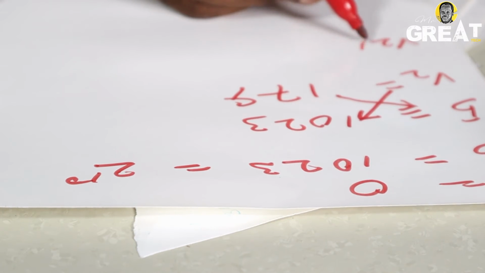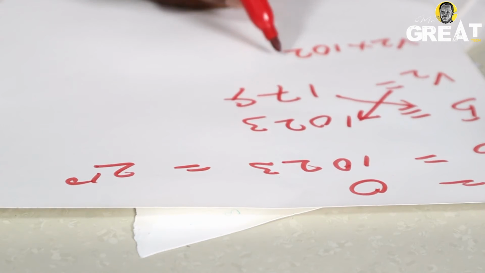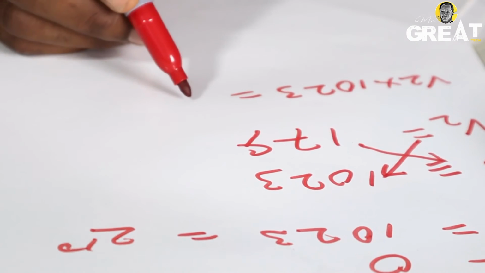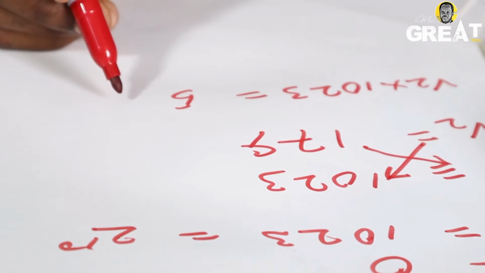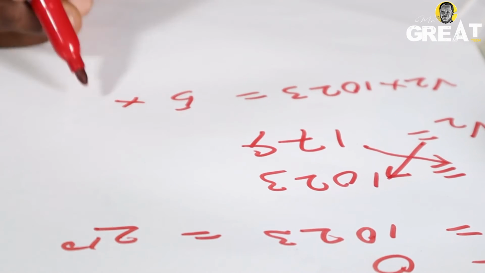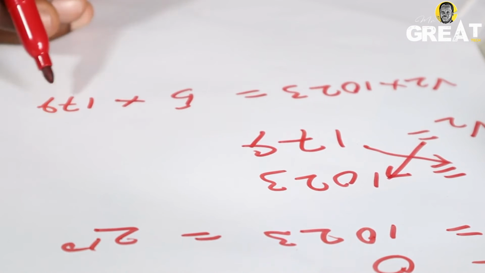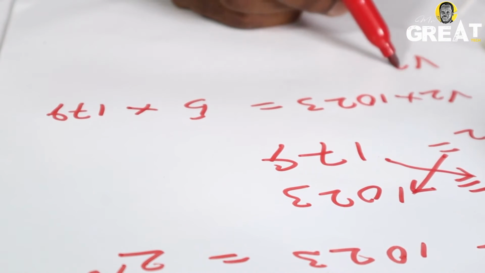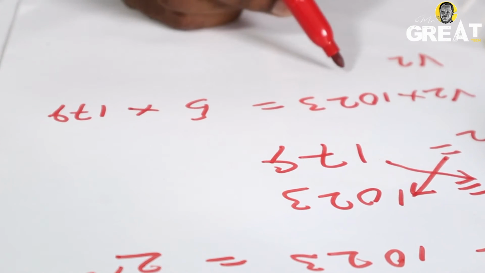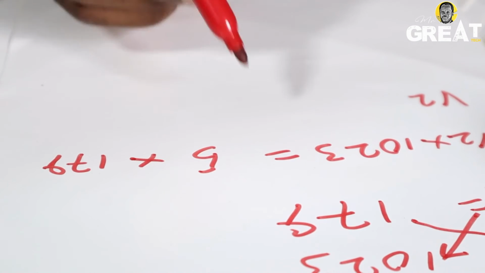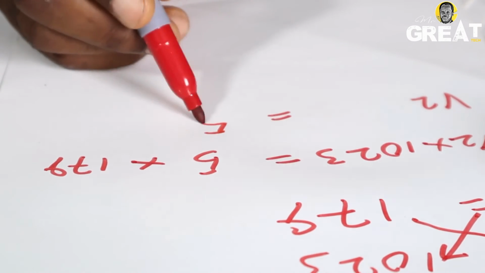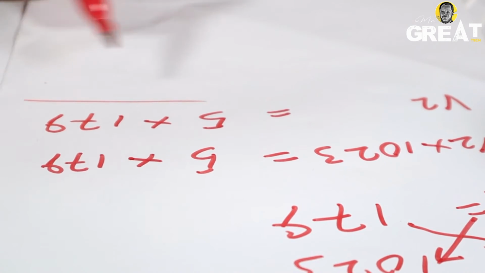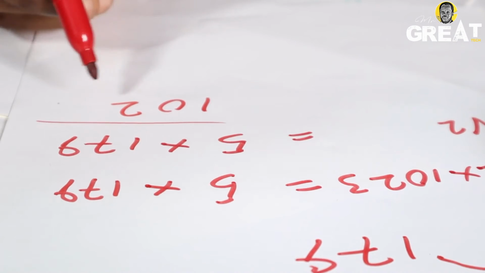So you have V2 times 1023 is equal to 5 times 179. V2 will be equal to 5 times 179 over 1023.